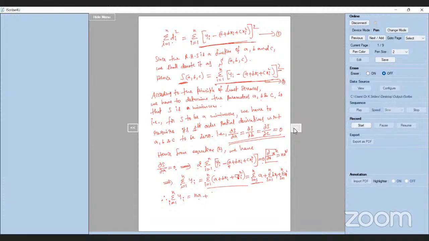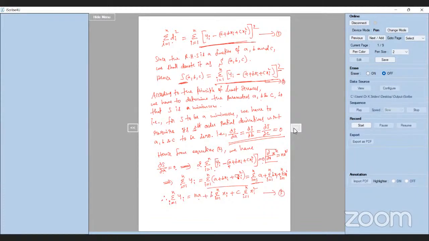From the second term we can take out b into summation i equal to 1 to n xi, plus c is also a parameter, so from the third term we can take c into summation i equal to 1 to n xi square. Give this equation number 3.